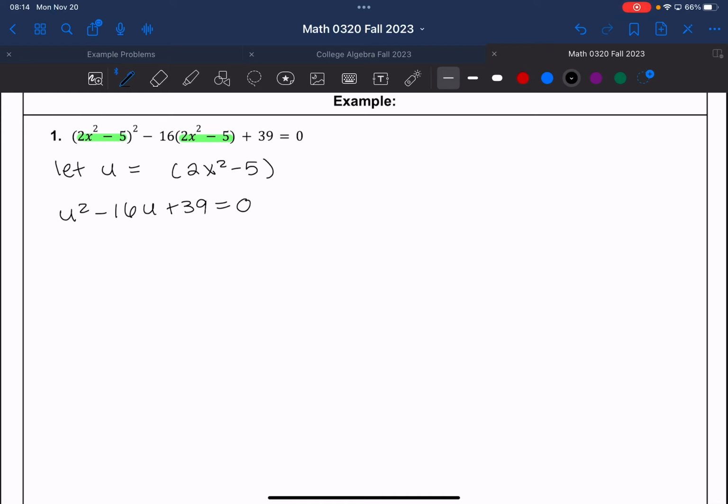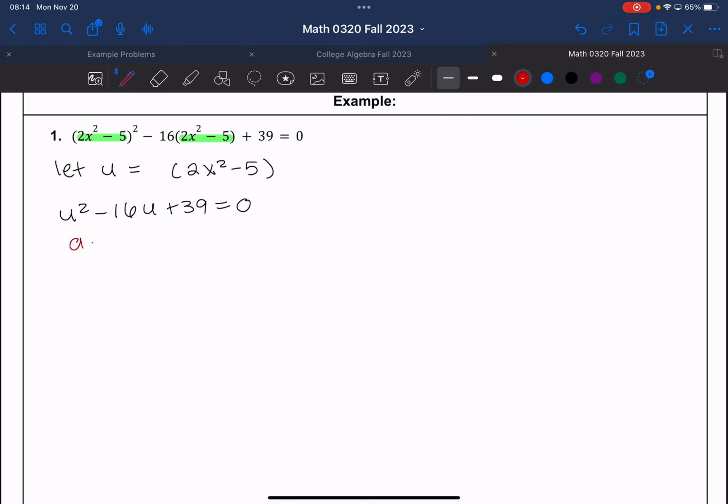Now this is something that I am able to solve by using either factoring or the quadratic formula. I'm going to first attempt to factor this using the AC method.